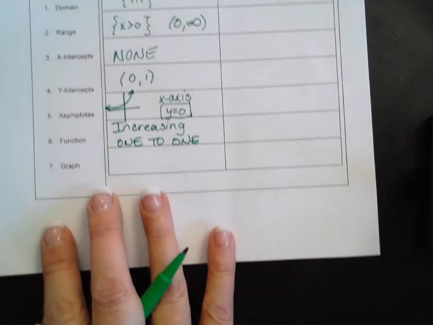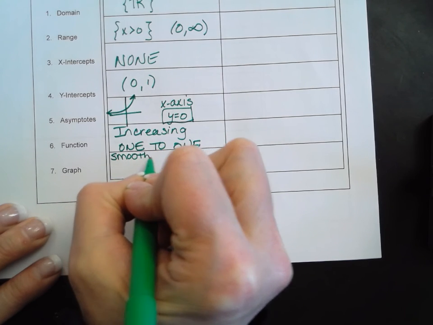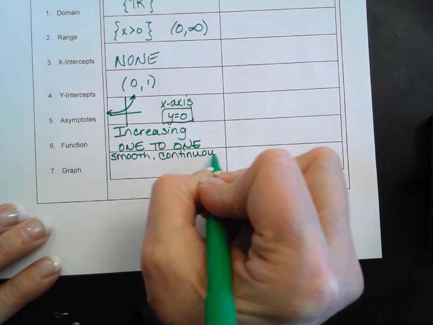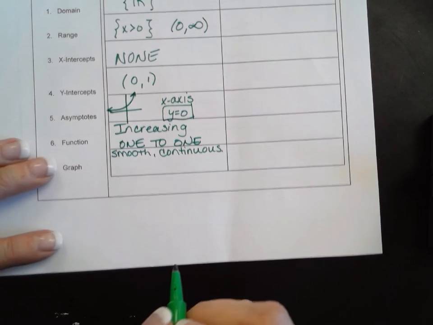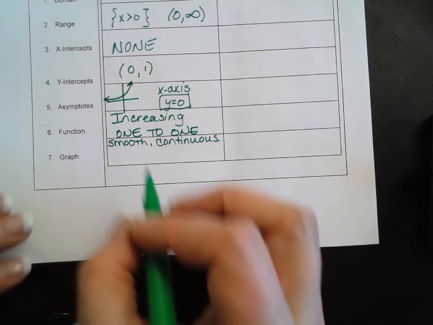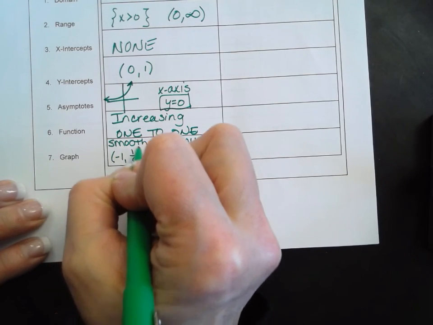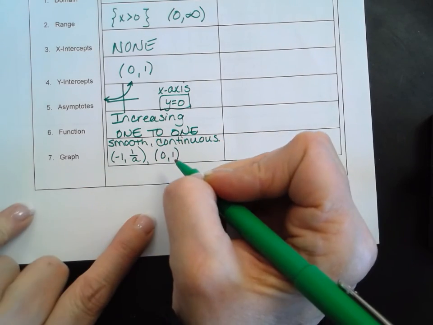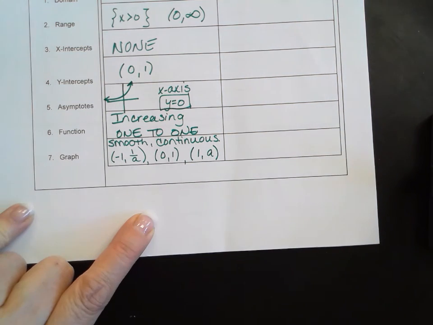Okay. And our graph is smooth and continuous. It always, always, always contains these 3 points: negative 1, 1 over a; 0, 1; and 1, a.